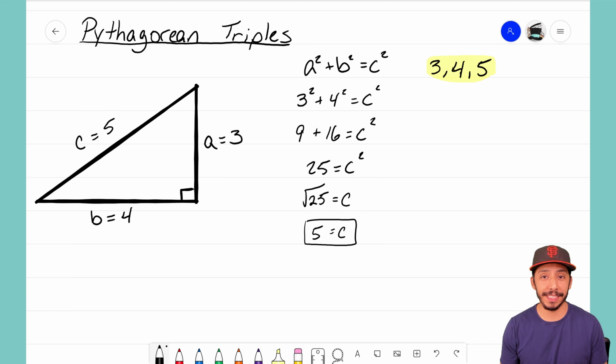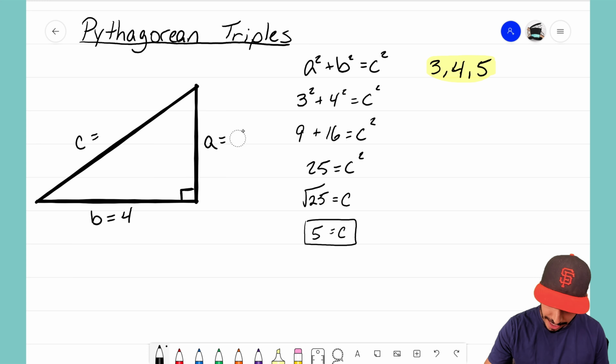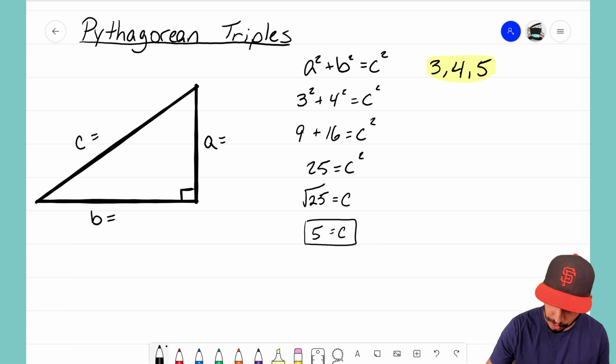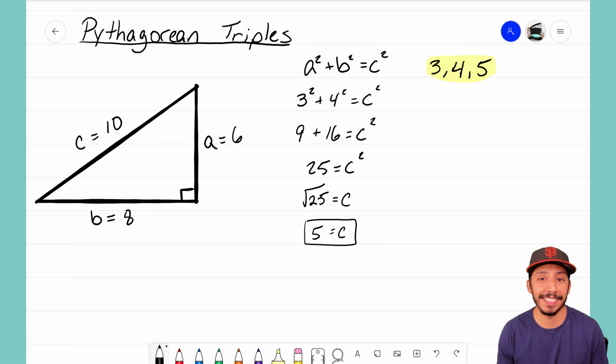One way to think about this is, what if I were to take that triangle there and dilate it to double its size? If I were to take this triangle and dilate it by a factor of 2, so that not just both sides, but all sides are multiplied by 2, I would then create this new triangle where a is 6, b is 8, and c is 10.